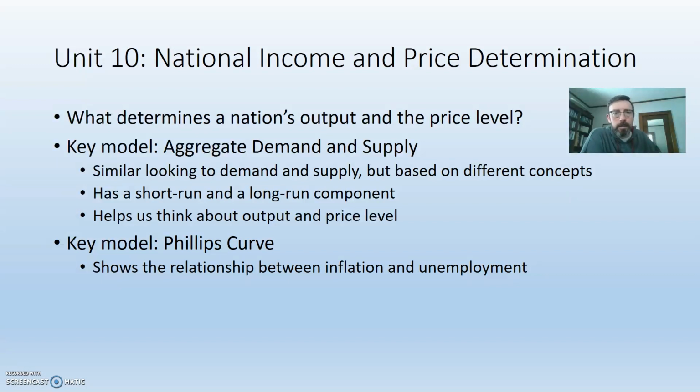A second key model we're going to look at is called the Phillips curve. Your textbook presents this much later on in a different unit, but I'm going to grab it and include it in this unit. The Phillips curve shows the relationship between an economy's rate of inflation and the unemployment rate. There's a trade-off where we don't want high inflation and we also don't want high unemployment.